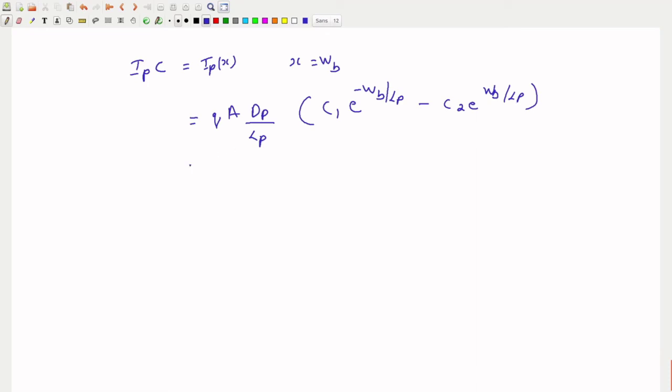Which can be further simplified by substituting values of C1, so that we get QA dP by Lp into delta PE cosech Wb by Lp minus delta Pc coth Wb by Lp.